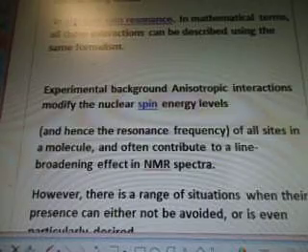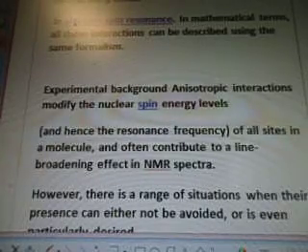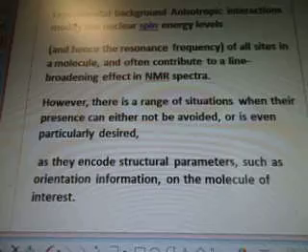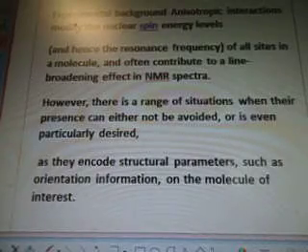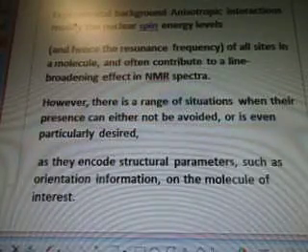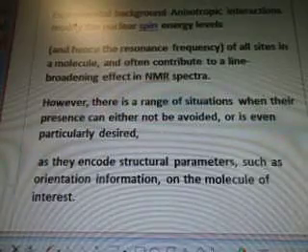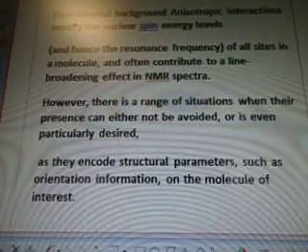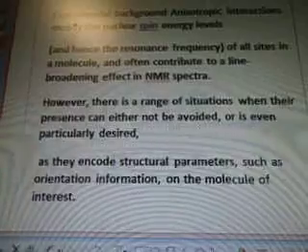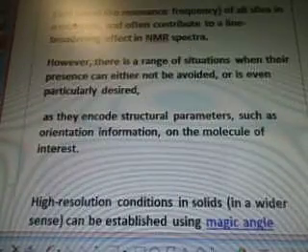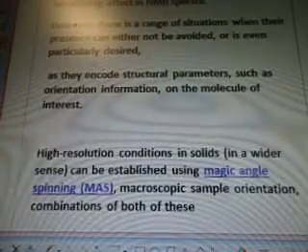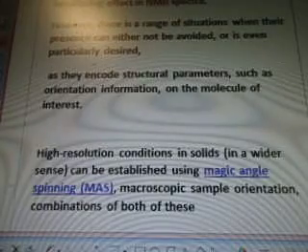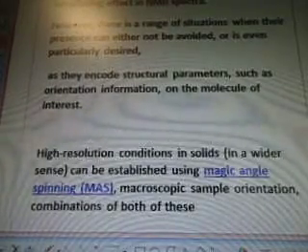Experimental background: anisotropic interactions modify the nuclear spin energy levels and hence the resonance frequency of all sites in the molecule, and often contribute to a line broadening effect in NMR spectra. However, there is a range of situations when their presence can either not be avoided or is even particularly desired, as they encode structural parameters such as orientation information on the molecule of interest.